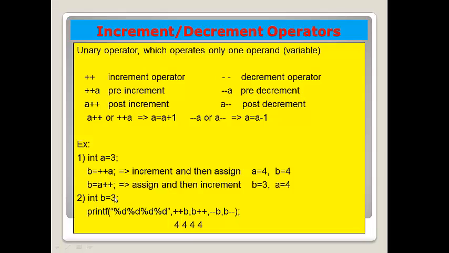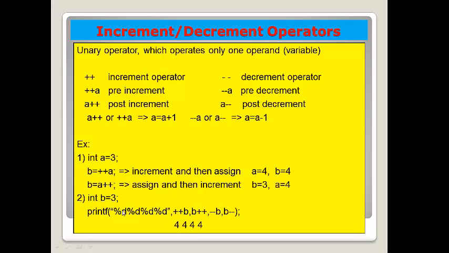Another example, integer b equal to 3. Print of percentage d, plus plus b, b plus plus, minus minus b, b minus minus. Here also two operations. One operation is printing the value on the screen, another operation is increment or decrement. But in the first case, plus plus b, it is a pre-increment operator.